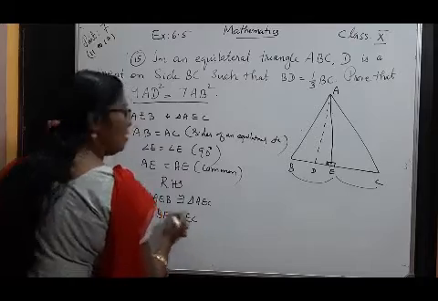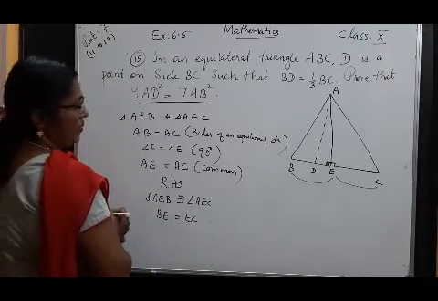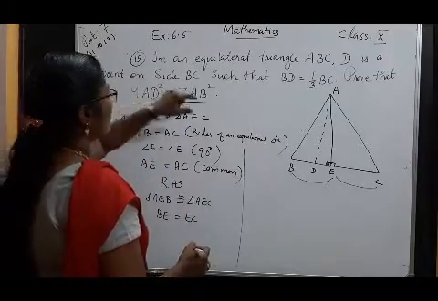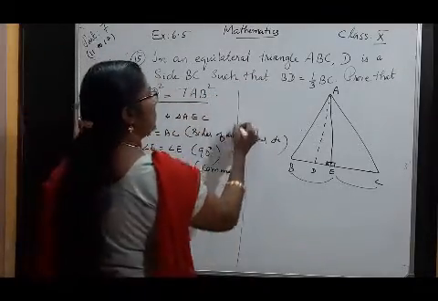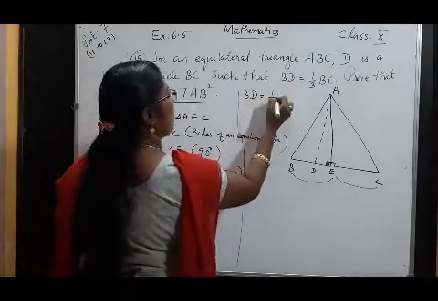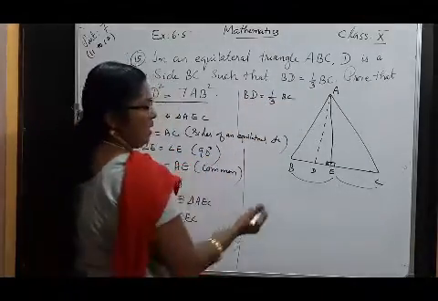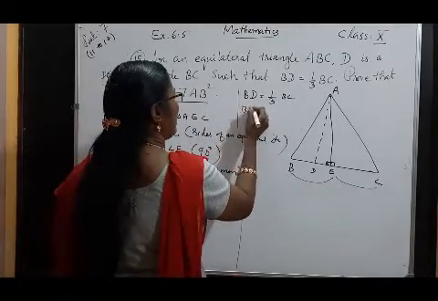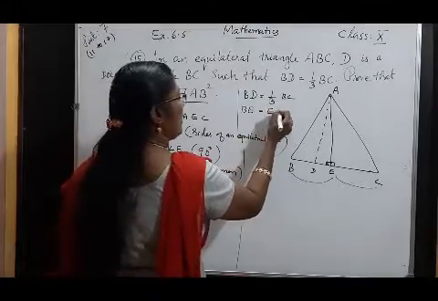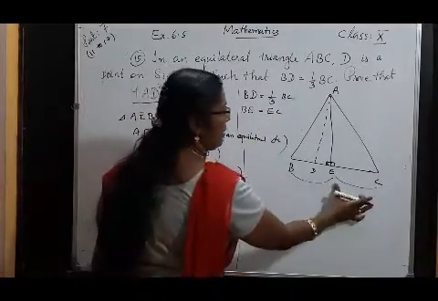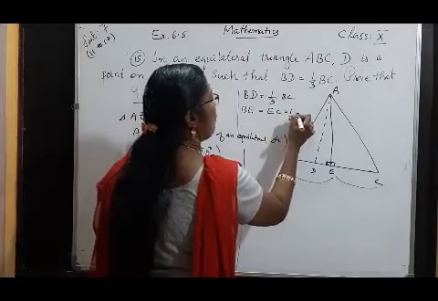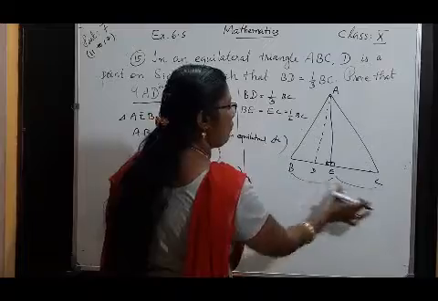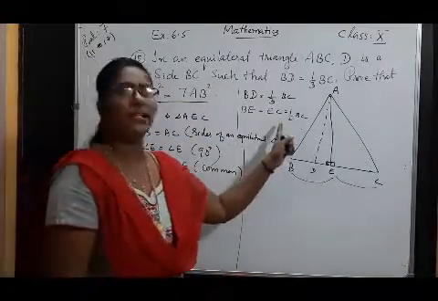BE equal EC. Okay. Then what is given here? BD equal 1 by 3 of BC, and BE and EC. BE equal EC, that is equal to half of BC. E is the midpoint, that is half of BC is BE and EC.